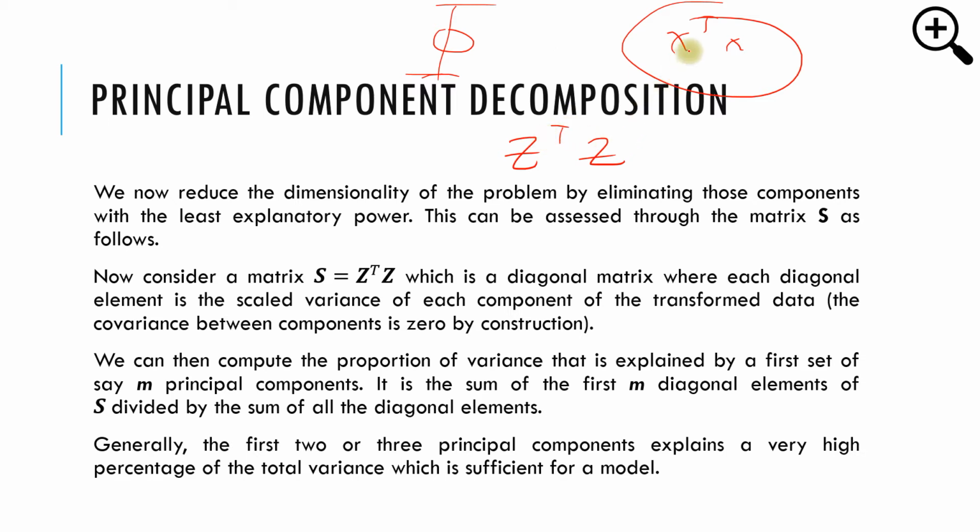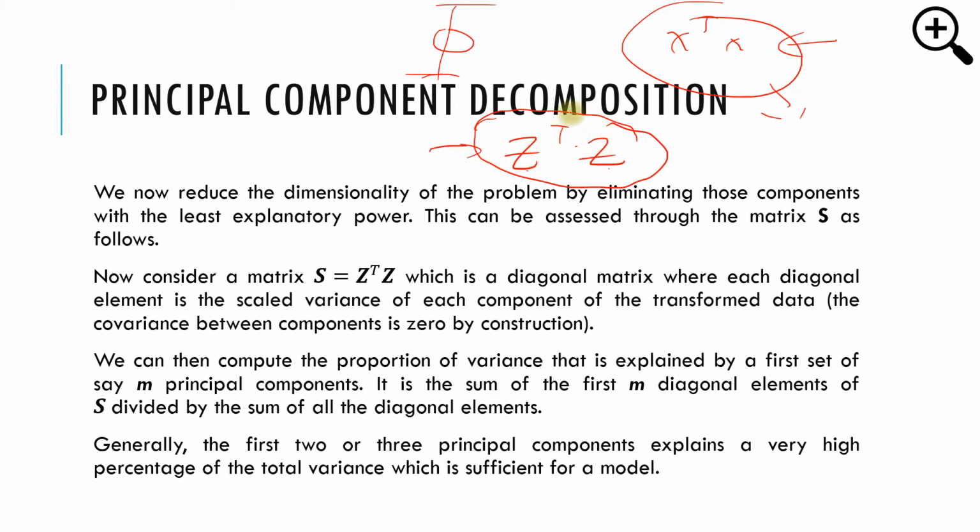But what was X transpose X? It was our scaled covariance matrix. But now, what we want to do is get a covariance matrix of Z transpose Z. That is, we don't want to look at the covariance of this one, but we want to look at the covariance of this one.